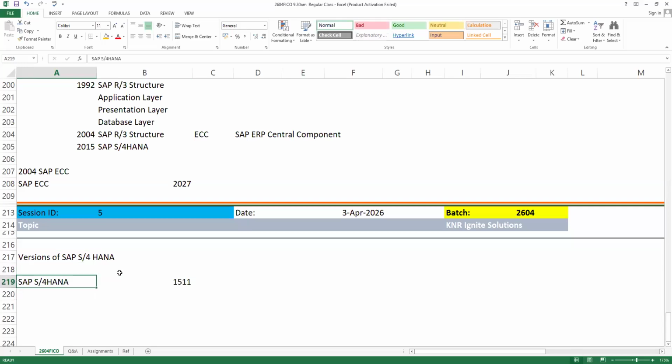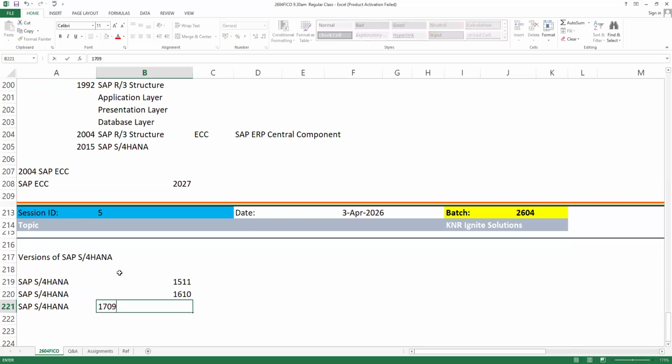Okay, how to understand this? 15 is the year and 11 is the month of the year, which means the first version of SAP S/4HANA was launched in November 2015. In the same way, the upgraded version was launched in 1610. The third one is 1709. You see, every year they are updating their SAP S/4HANA versions.